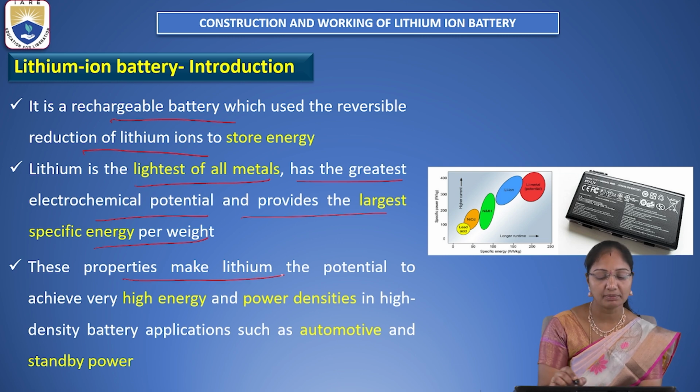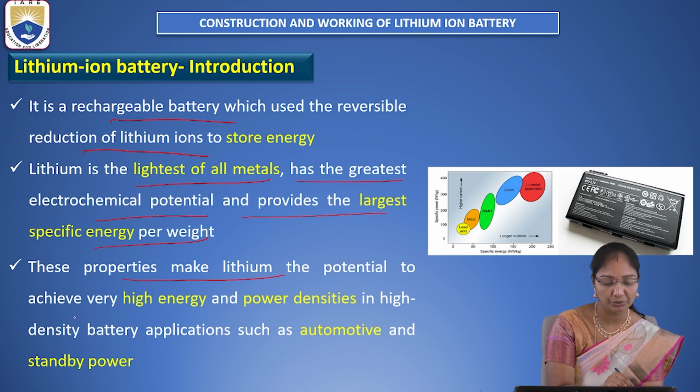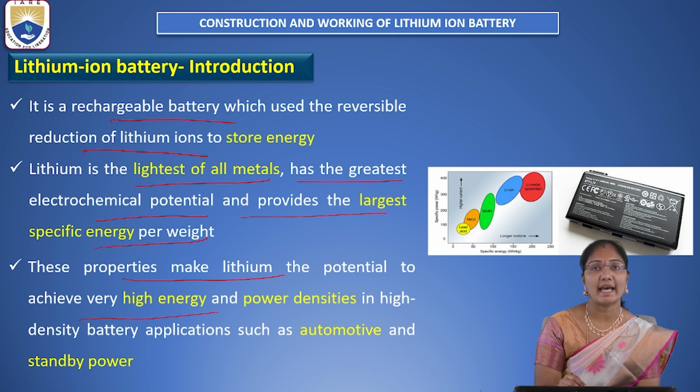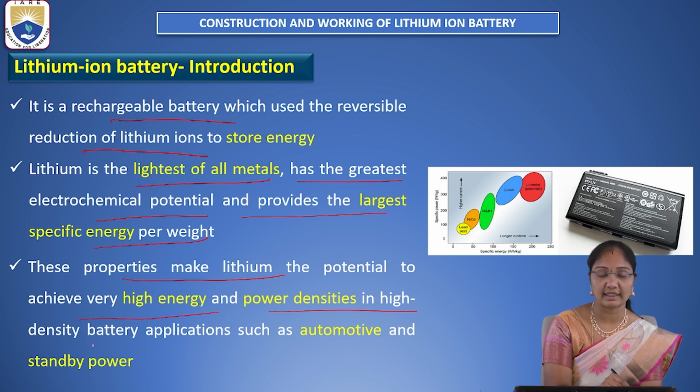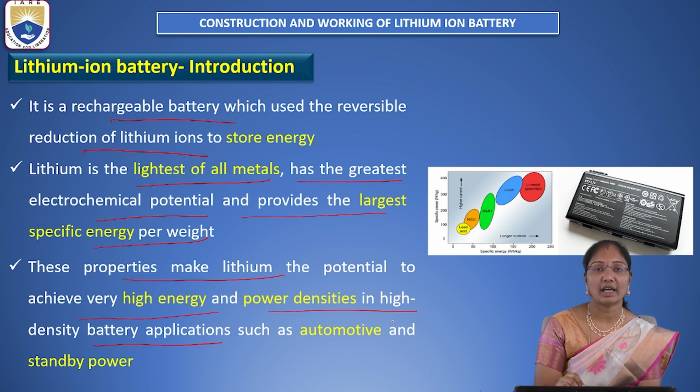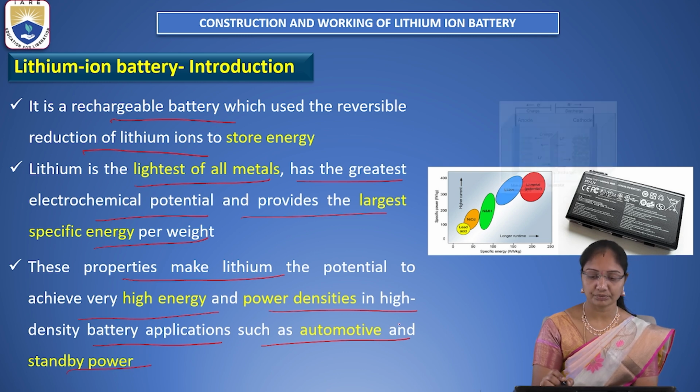These properties give lithium the potential to achieve very high energy as well as power densities in high density batteries. The applications of these lithium ion batteries are very useful in automotives and standby power. These lithium ions play a crucial role.